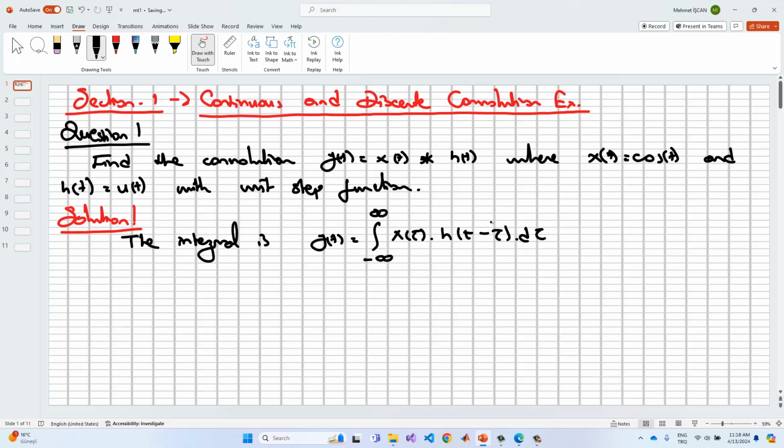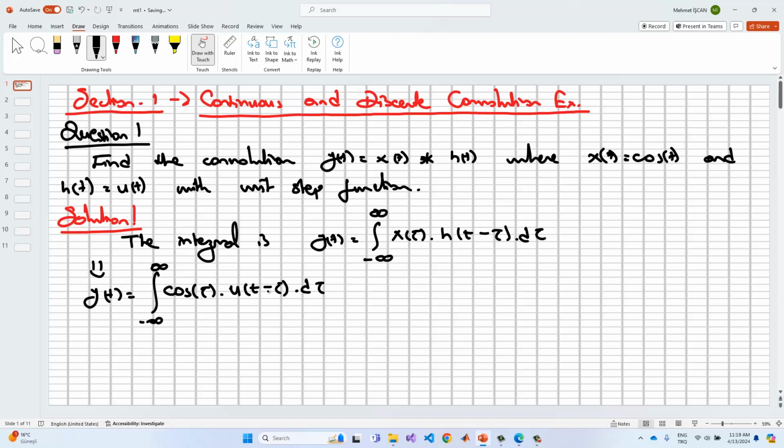We apply the whole impulse response to the input signal, and then we integrate all the solutions in order to get the total result. So y(t) equals the integral from minus infinity to infinity of cos(tau), the input, times u(t minus tau) d tau. This is the convolution integral.